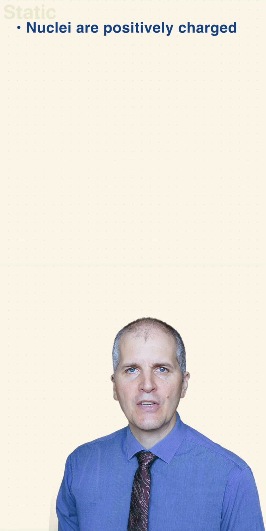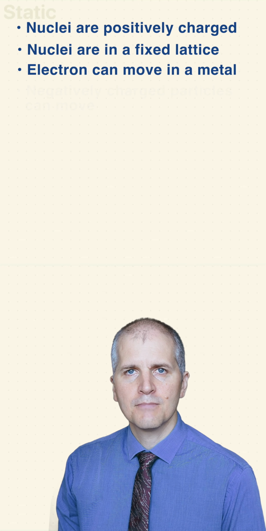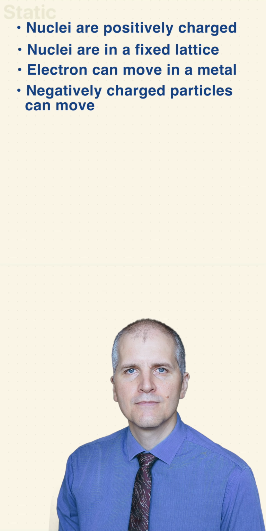And that's the key information that you need to know for static electricity. The positively charged nuclei are held in a fixed lattice. The electrons, particularly in a metal we're talking about, are free to move and carry the negative charge.